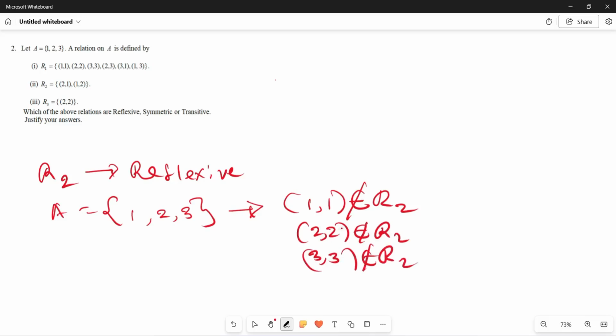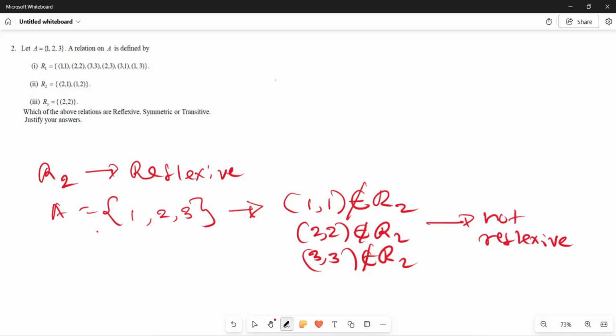None of these are inside the relation R2, therefore this is not reflexive. To have reflexive, each of the elements in the set should be available in the relation, related to itself. In R2 those are not included, therefore it is not reflexive.